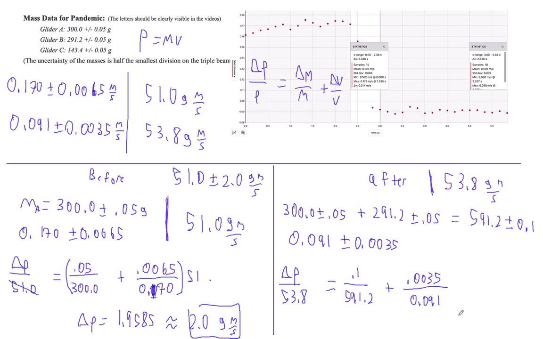Okay. Are we ready for this? So again, let's multiply both sides by 53.8. Okay, so 53.8 times left parenthesis 0.1 divided by 591.2 plus 0.0035 divided by 0.091, right parenthesis, enter. And that's 2.078.